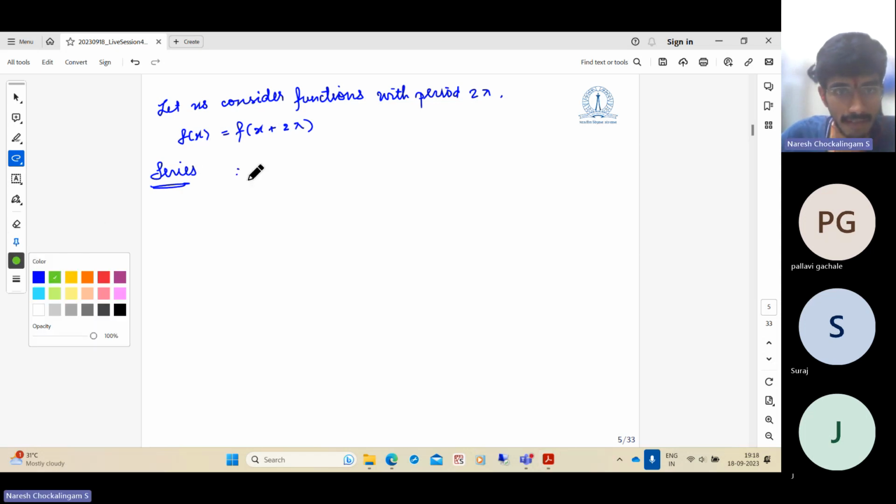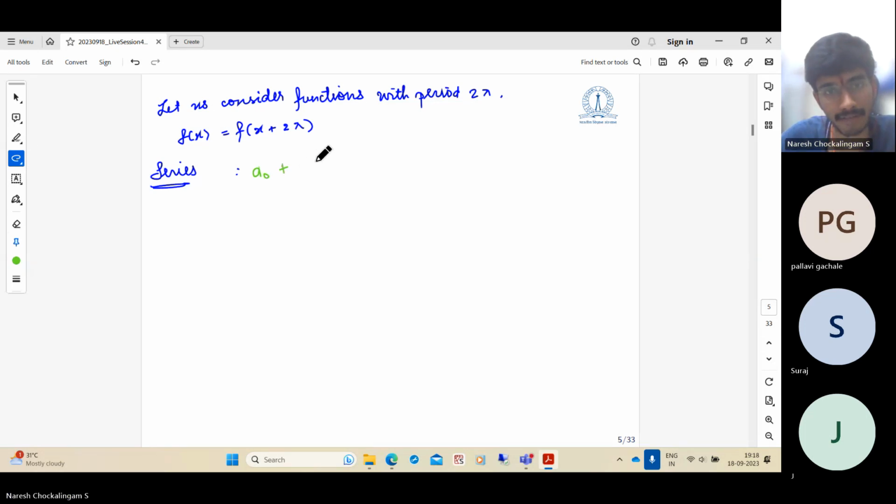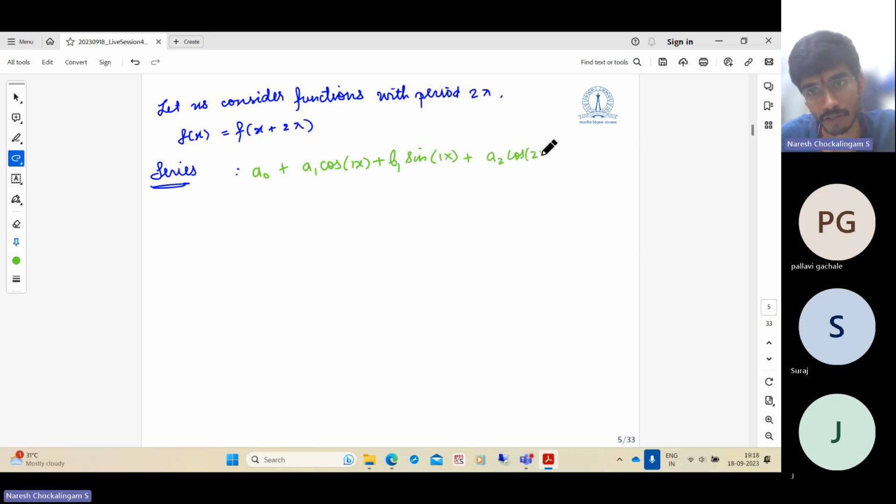Let us call it a naught, which is a constant, plus a1 cos 1x plus b1 sin 1x plus a2 cos 2x plus b2 sin 2x plus, and so on up to an cos nx plus bn sin nx, and you can keep adding terms till infinity.